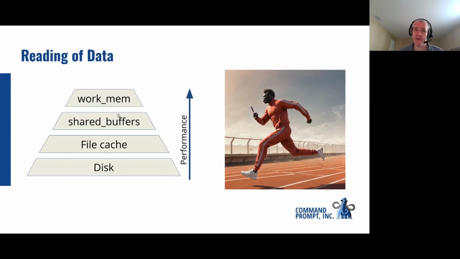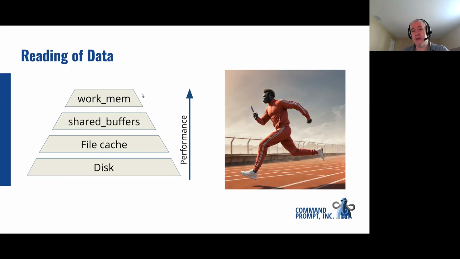If it's not available in shared buffers, then Postgres will make a request to the operating system to retrieve this data, which again could be in file cache, like I described just previously, if it was loaded from disk just recently. And finally, as the last step, it'll retrieve the data from disk.